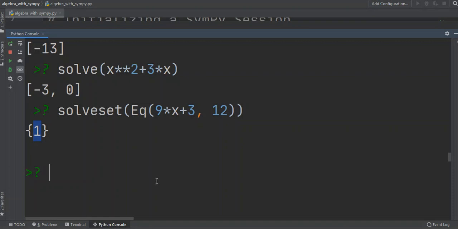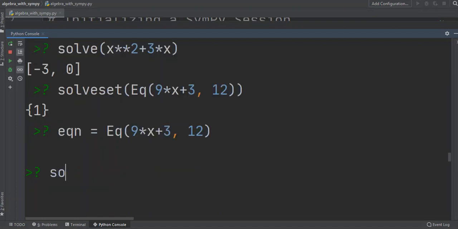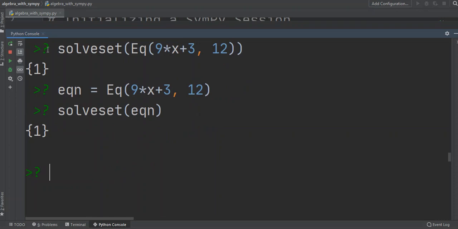You can also, of course, make your equation a variable. I'm just going to copy paste it. If this is your equation and you've stored it inside the variable, if you do solveset of the variable equation, EQN, it'll give you the same result, works just fine.